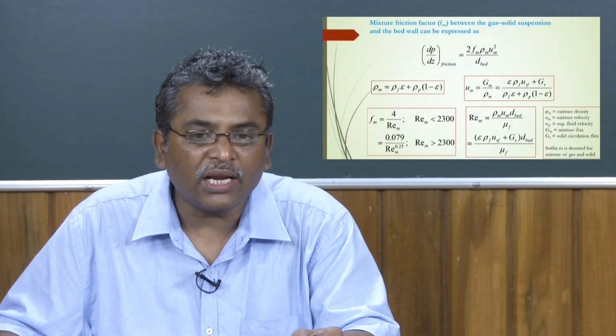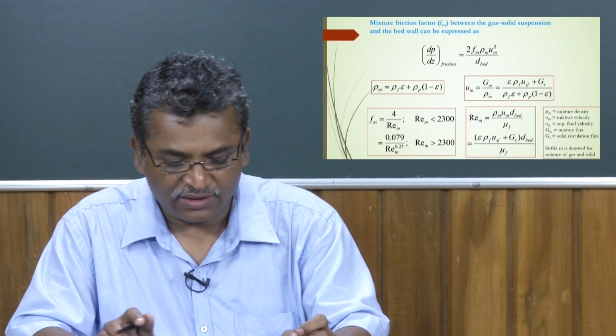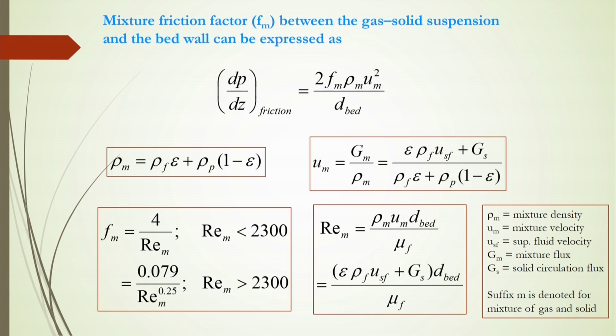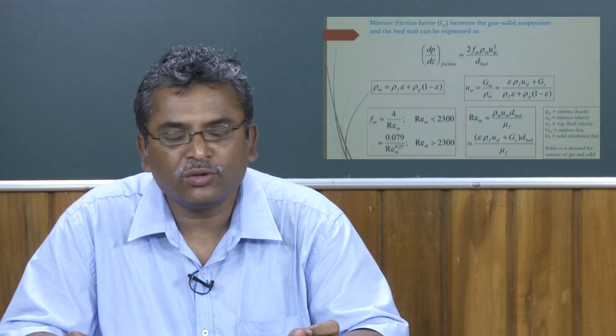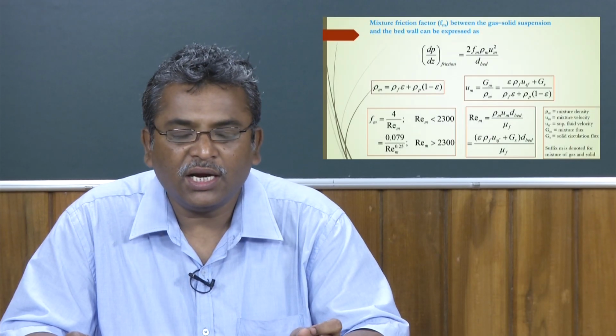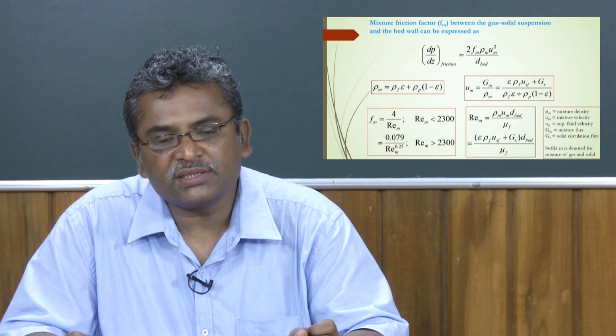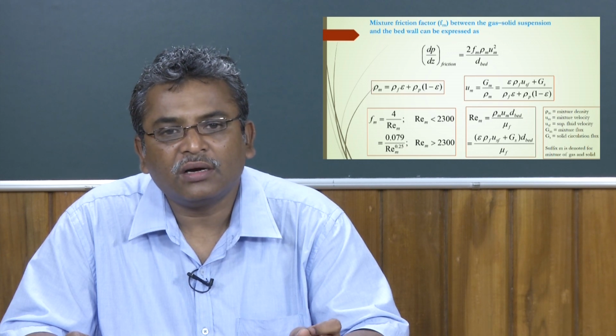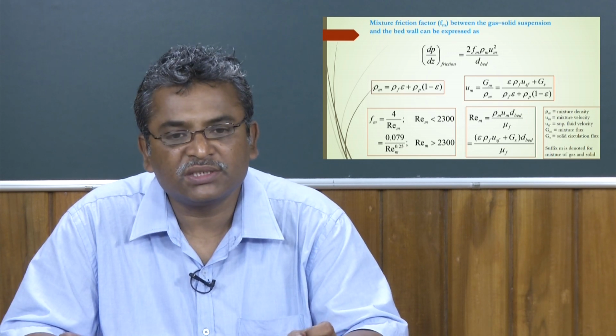Let us see how to calculate this. Again, the friction factor is based on the Fanning equation. Here, the mixture model means you have to consider the gas, liquid, solid as a homogeneous mixture. If it is only gas-solid particles, then it is a gas-solid homogeneous mixture, and if it is liquid-solid, then it is a liquid-solid homogeneous mixture.